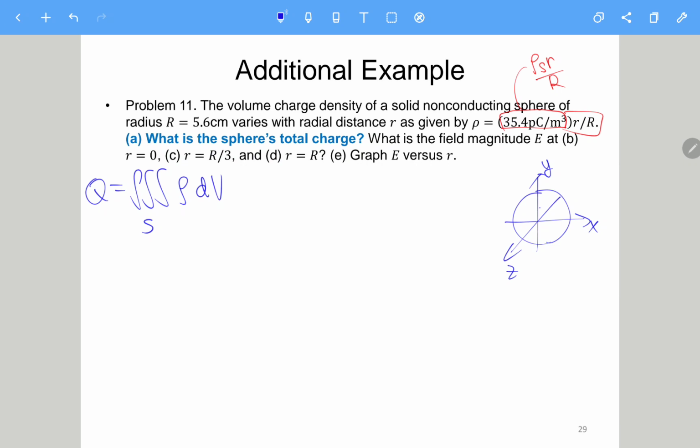For example, if you learned how to calculate the area of a circle in calculus class, using Cartesian coordinates, the area will be 2 times the integral from negative r to r of the square root of r squared minus x squared dx, right?